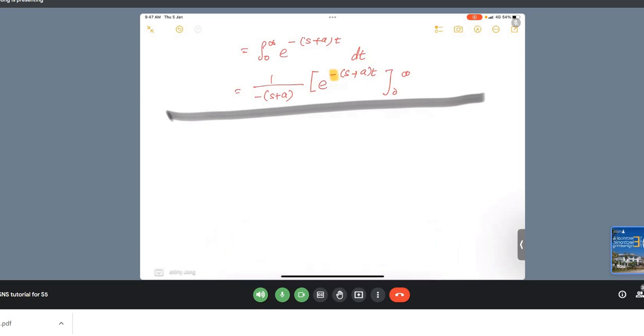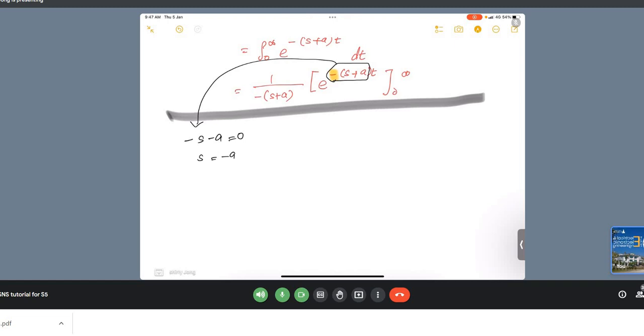Now you see that it is negative s, negative a. Am I right, class? From here, negative s, negative a, equal to 0. So I want to test for s equal to negative a.